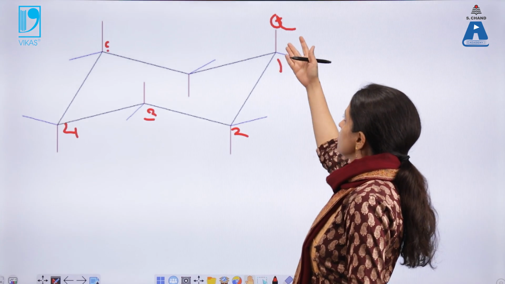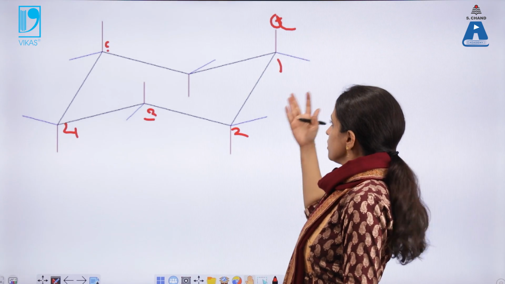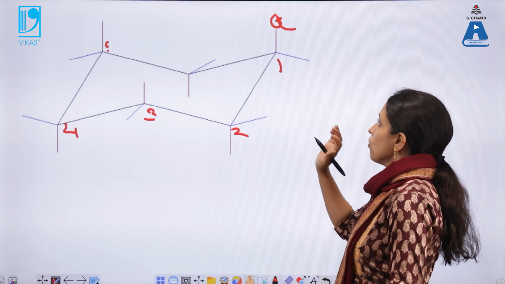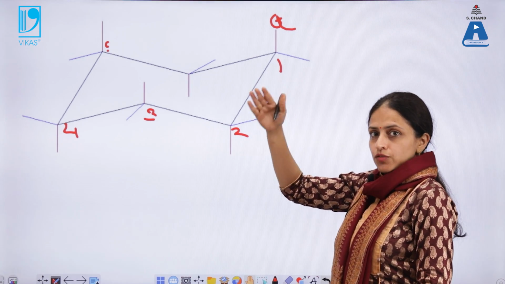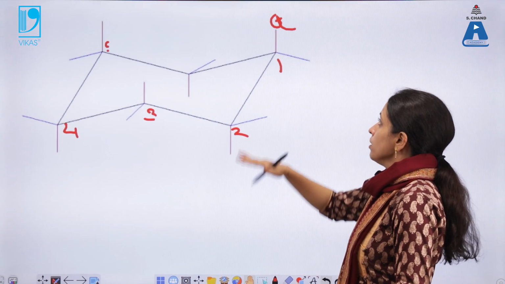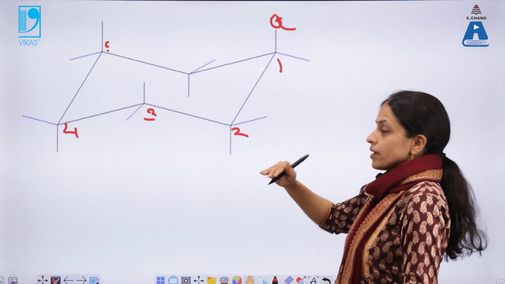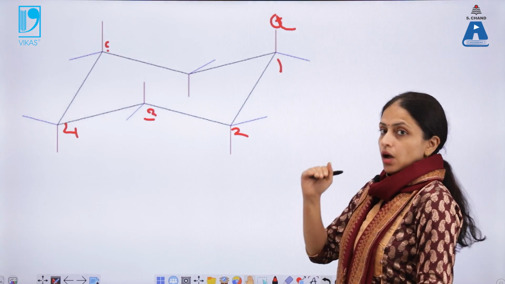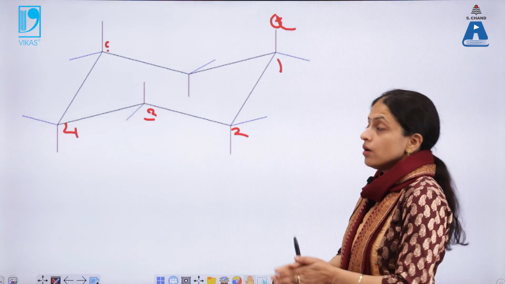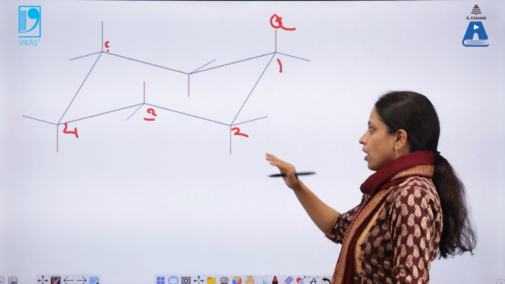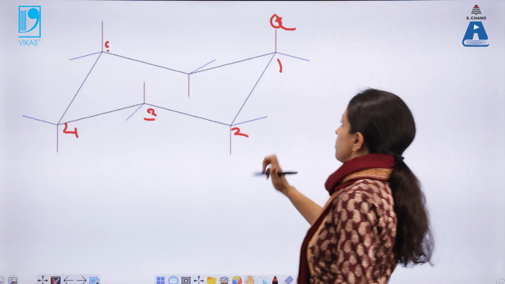The red bonds are axial bonds and the blue ones are equatorial bonds. All the axial bonds are up or down the plane of the paper, whereas the blue bonds are inside or outside the plane of the paper.